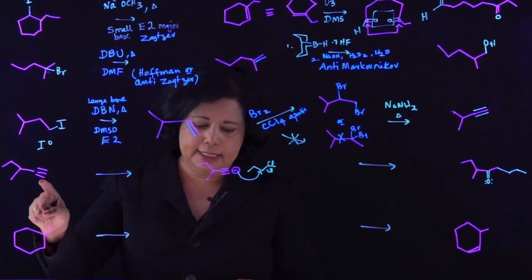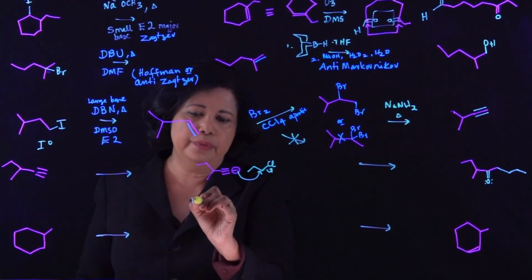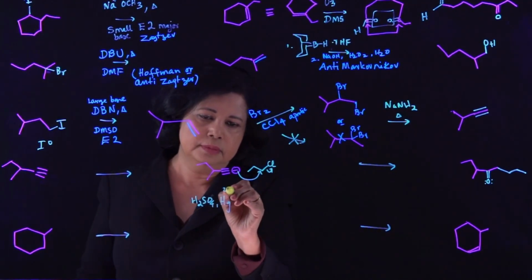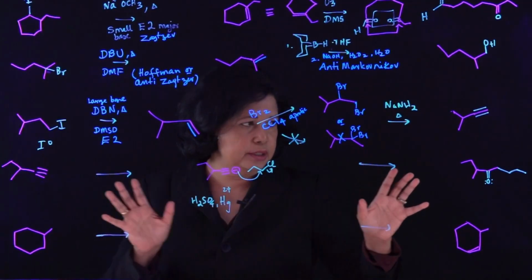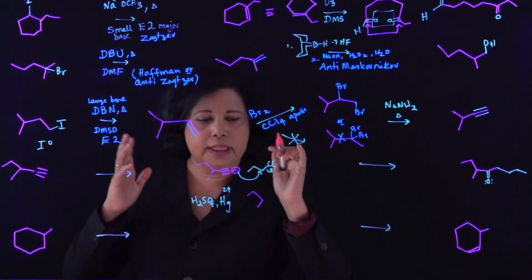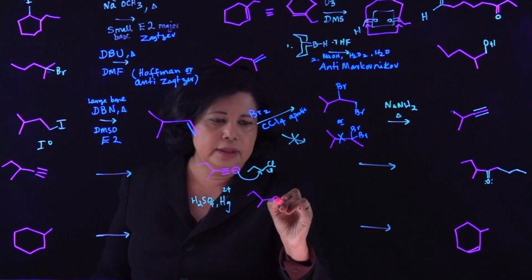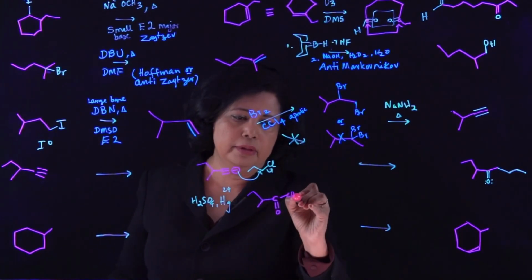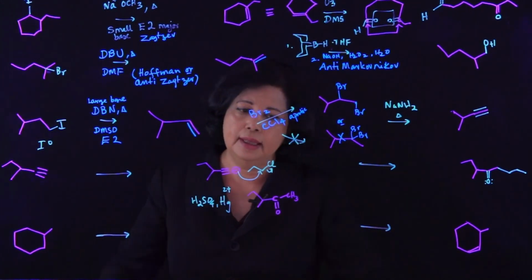So if you take this and do H2SO4, HgSO4, sometimes when you're doing this synthesis, you should have a scratch paper on the side so you can write your thoughts down. You're going to get a ketone here. CH3, a methyl ketone, if it's a terminal alkyne.